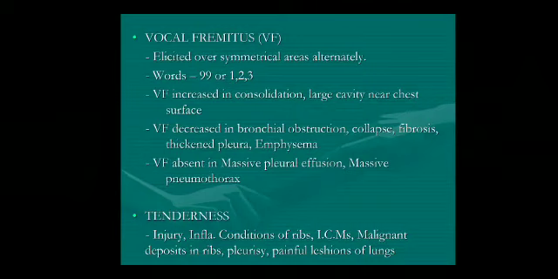Vocal fremitus is increased in consolidation of the lungs, for example pneumonia, and in a large cavity near the chest surface, whereas vocal fremitus is decreased in fibrosis, collapse, bronchial obstruction, and emphysema. All these are the conditions where vocal fremitus is decreased.